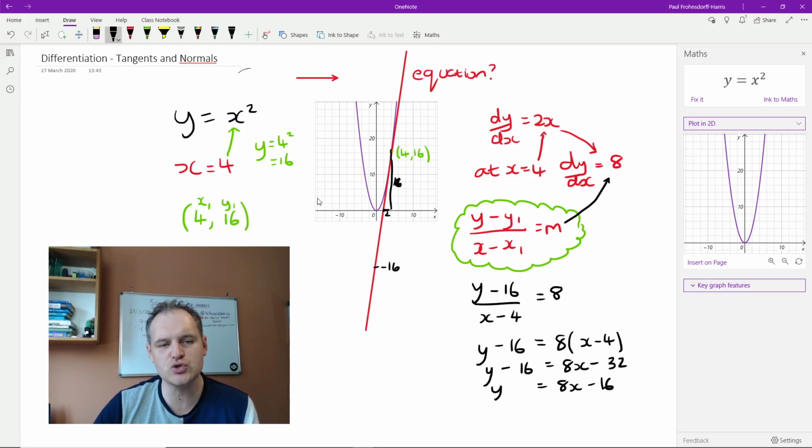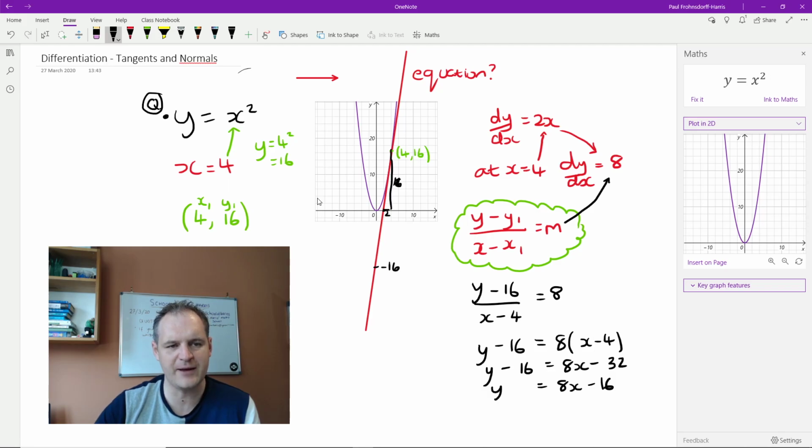This is using differentiation to find the gradient of a tangent. Let's go through just a few of the steps. Step 1 was we were given the question and we were given information within the question.